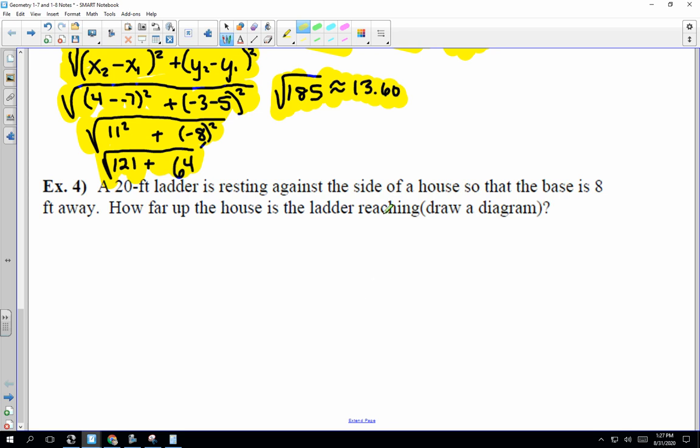Okay, a 20-foot ladder is resting against the side of a house. So let's get our house out. Okay, let's try to get a pen. All right, so let's put our house down.